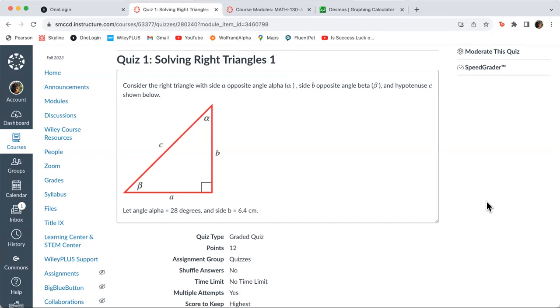So our givens are the angle alpha and side B. We need to come up with a strategy for finding the 3 other parts.